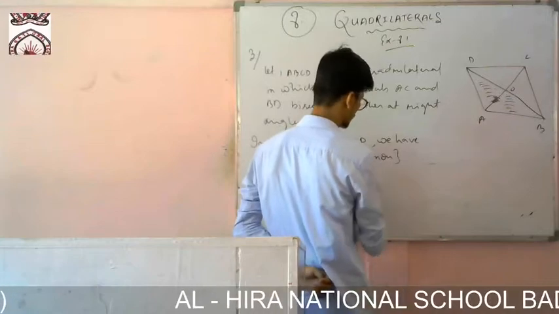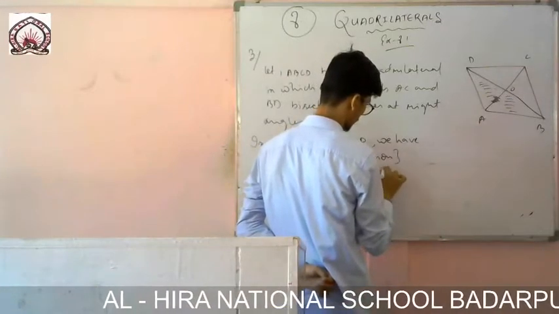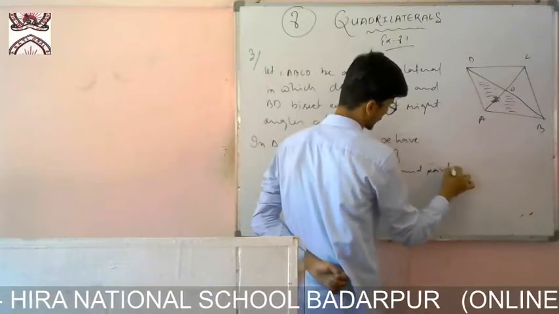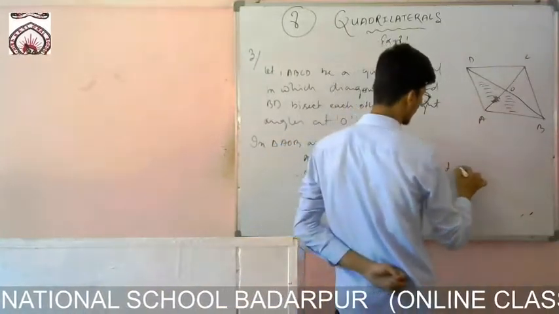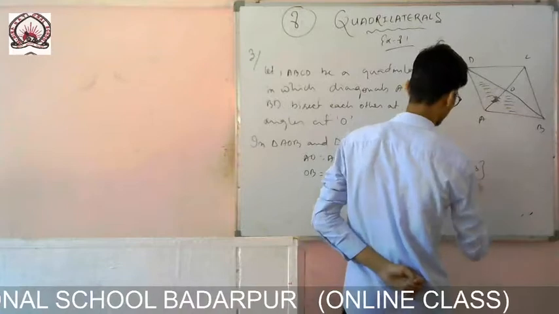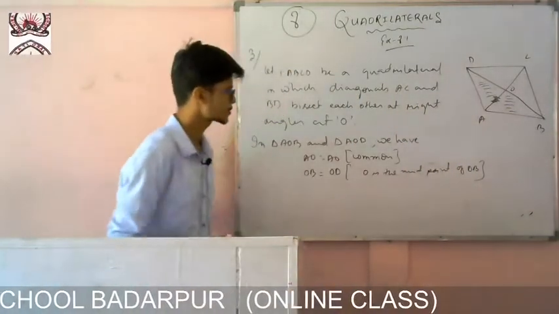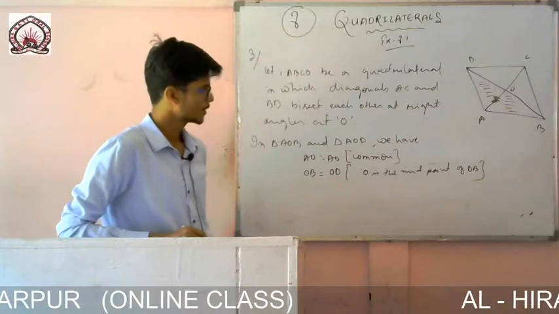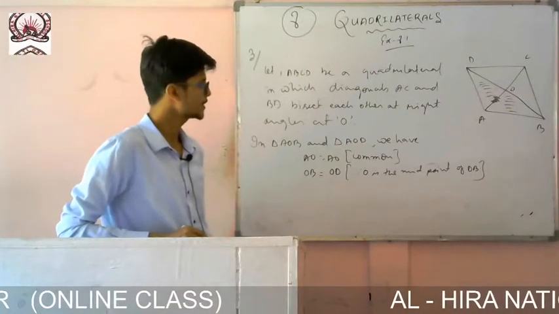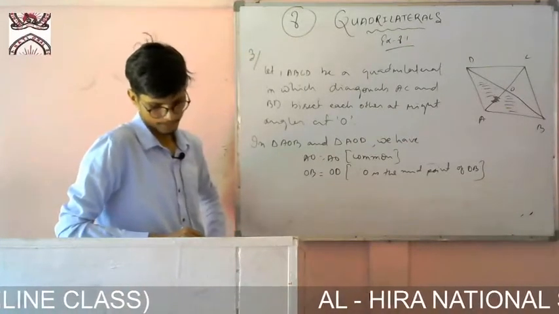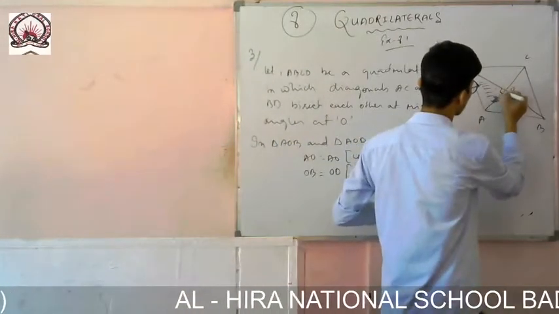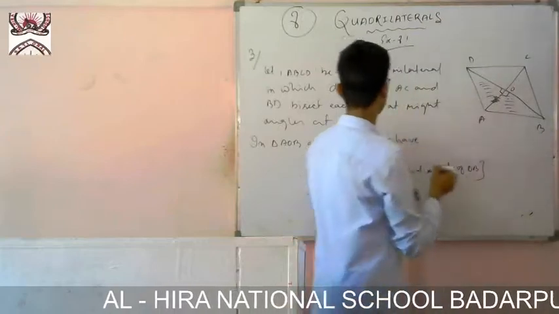You write like this: since O is the midpoint of DB, OB is equal to OD. And what is given, thus these two angles are right angles.